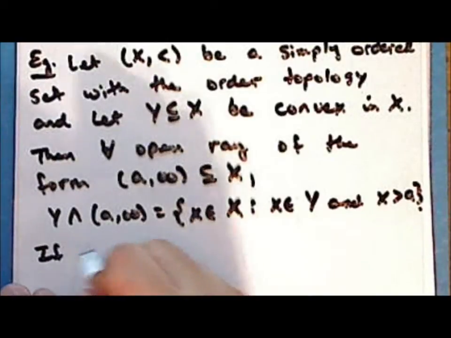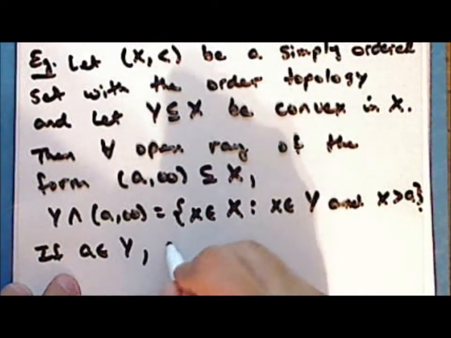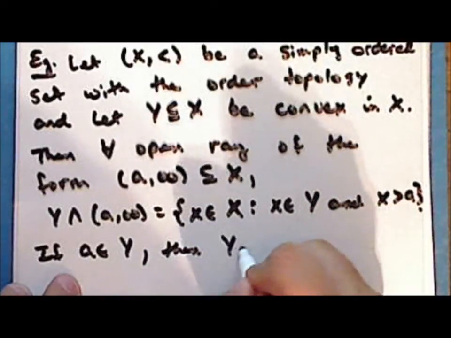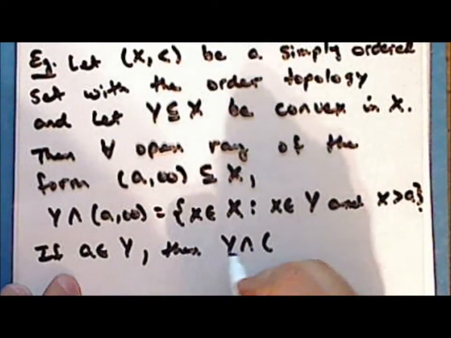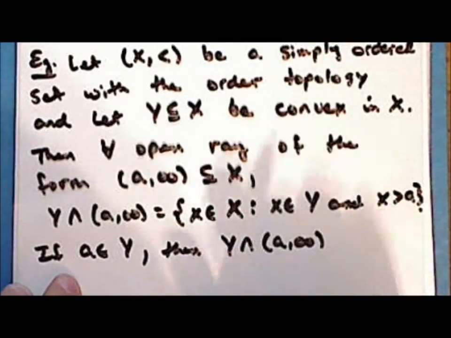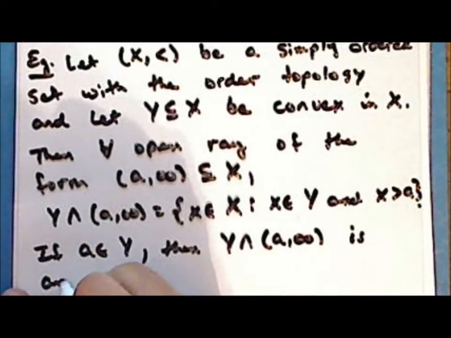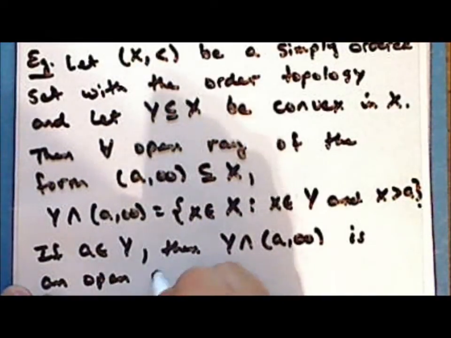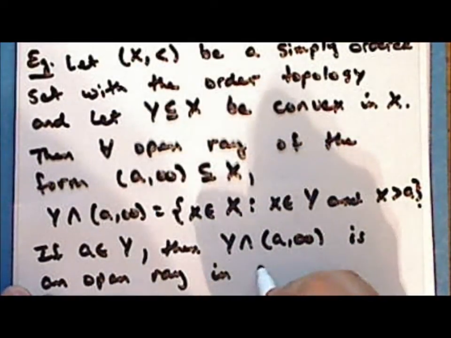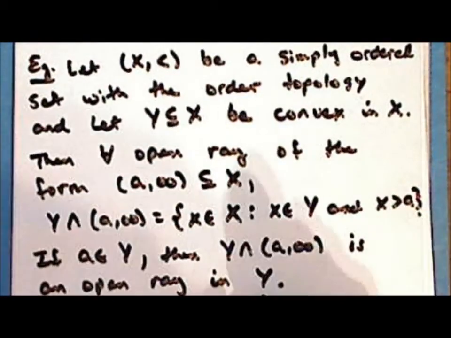Now if a is in the set Y, then this intersection, the intersection of Y with the open ray from a to positive infinity, is itself an open ray in the simply ordered set Y with the relation less than.